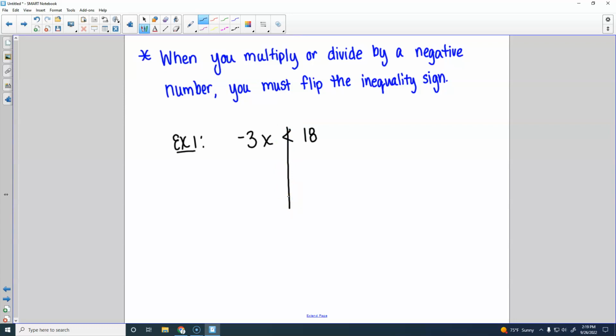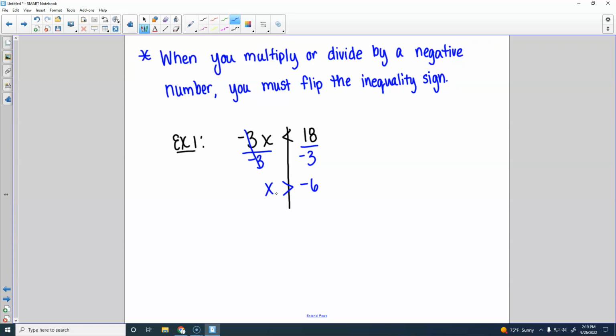I still draw the line there. That inequality sign acts like our equal sign. This is negative 3 times x. To get rid of the negative 3, I need to divide by negative 3 on both sides. So x, and over here I'll get negative 6. So, because we divided here by a negative number, we have to flip that inequality sign.